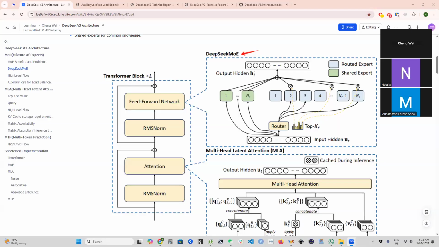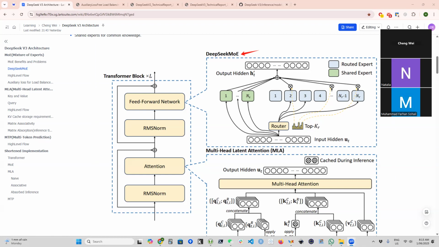In a mixture of experts, they had some shared experts and some routed experts. The shared experts would always be turned on, and the routed experts would be turned on based on a certain algorithm that we talked about. It'll pick which routed experts to go to.